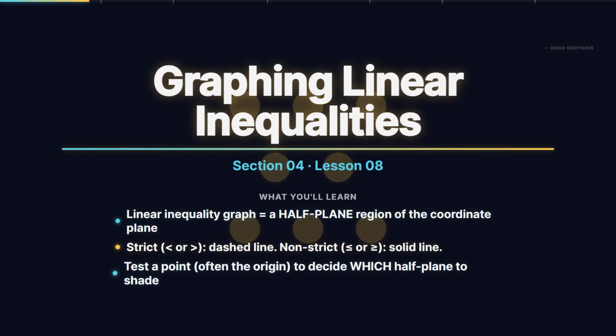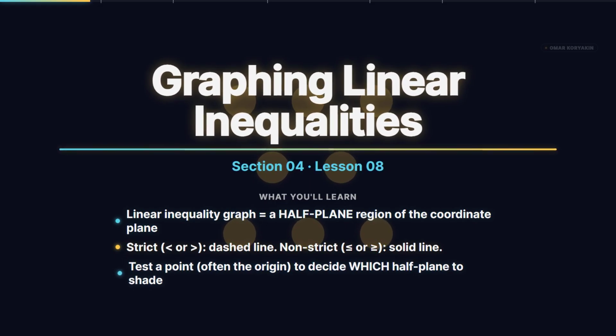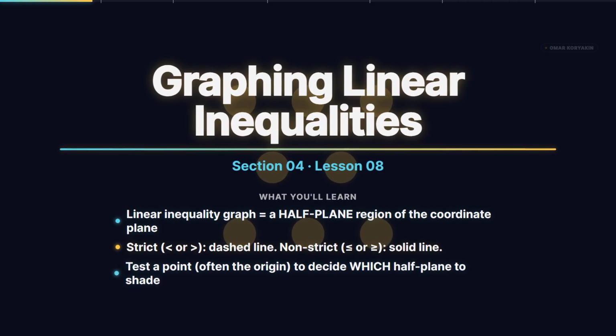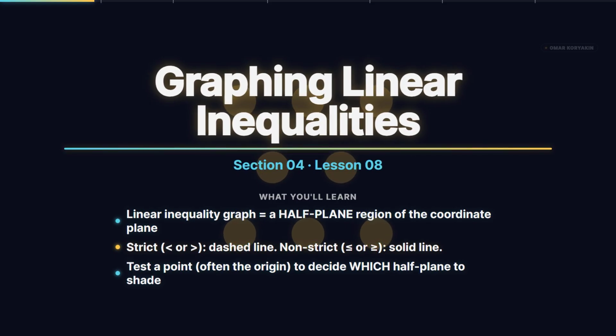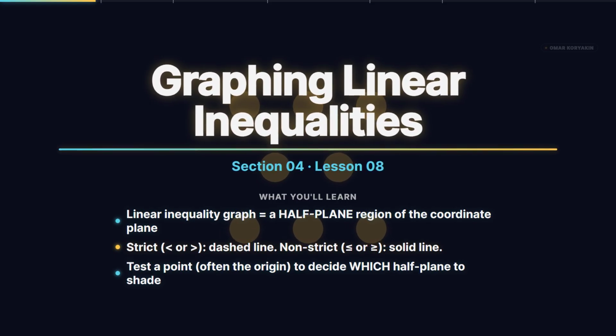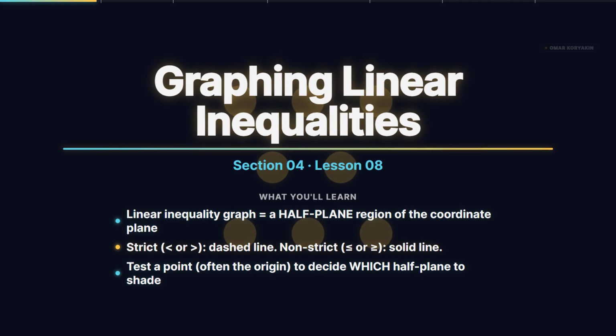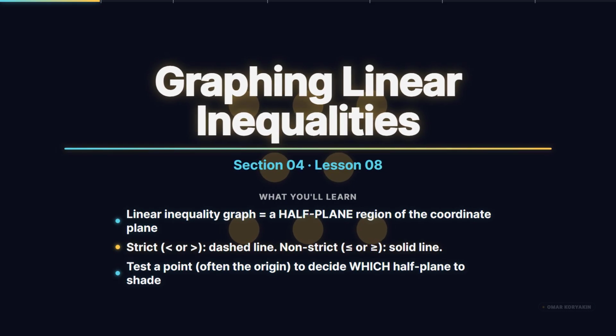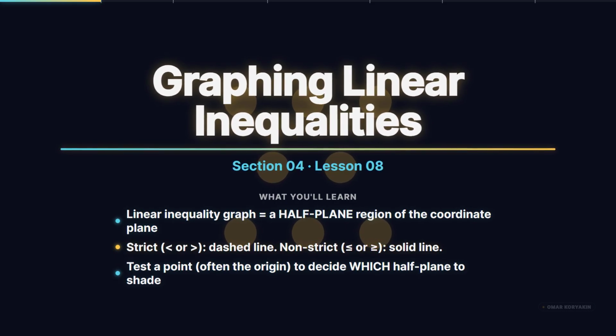If it is not satisfied, shade the other half-plane. The test point method is mechanical, fast, and reliable, and it removes any guesswork about which side of the line is the correct half. Today we walk through one strict inequality example with a dashed line and one non-strict example with a solid line, illustrating both line style cases and the test point procedure on each.